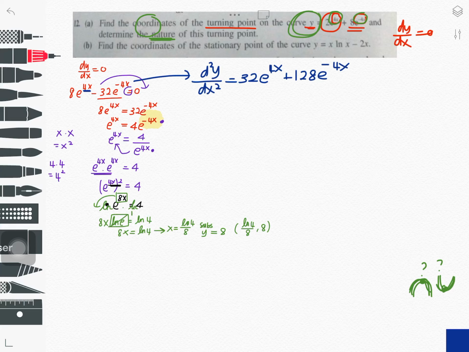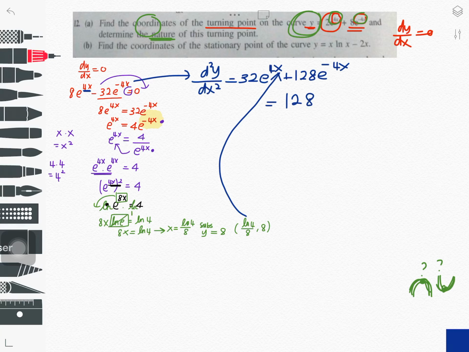So what do we do now? We have to take this particular x value here and substitute here. Check what happens when you substitute the x value there. What will you get? I think, if we are not mistaken, e^(8x) is 4, e^(4x) is 2, you will get 128.